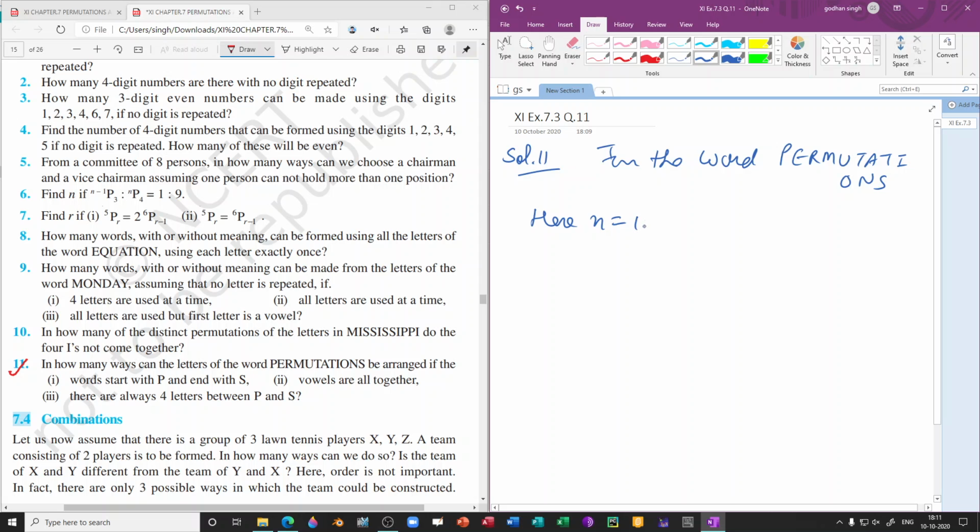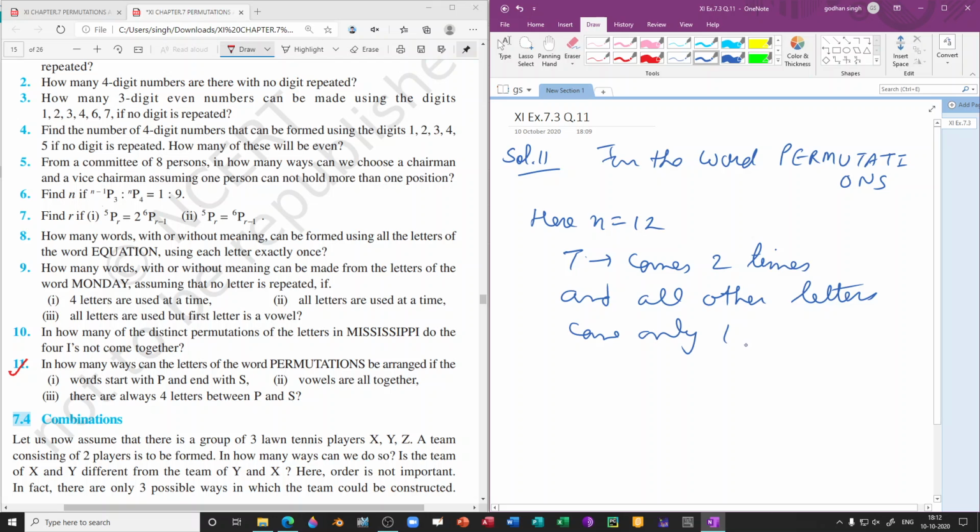So n is 12 here, and let us see if any letter is being repeated. So we can see that T is coming 2 times, only T is coming 2 times, and all other letters come only one time. And let us see what the letters are. They are P.